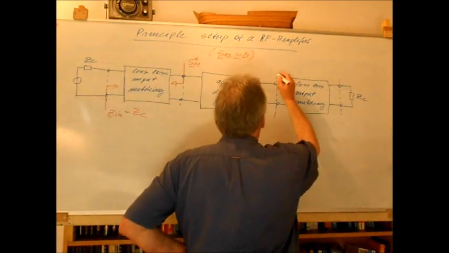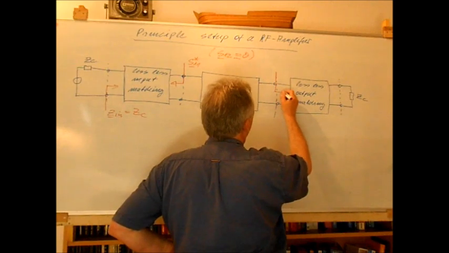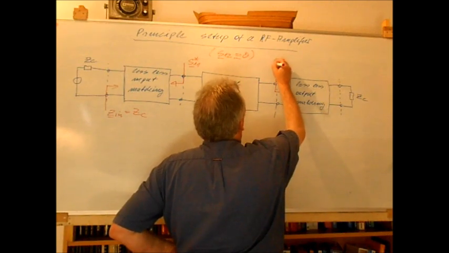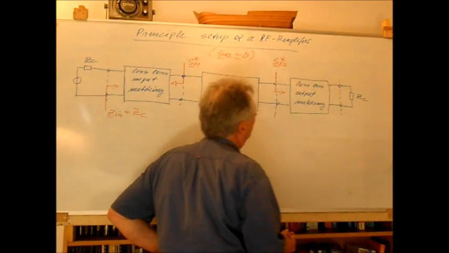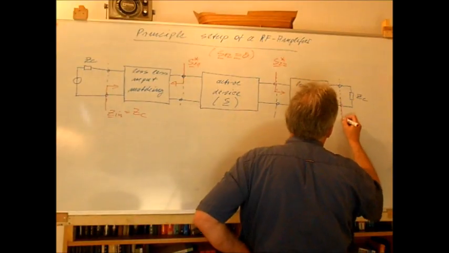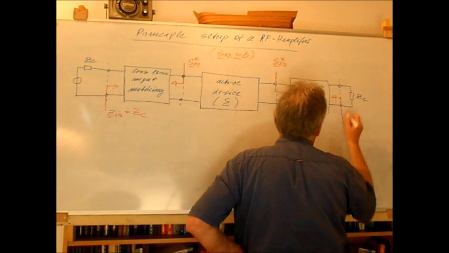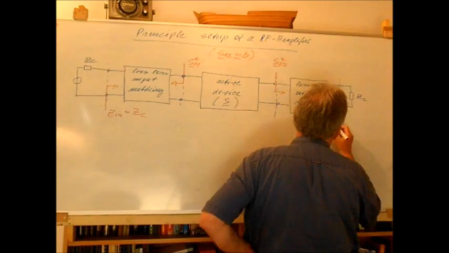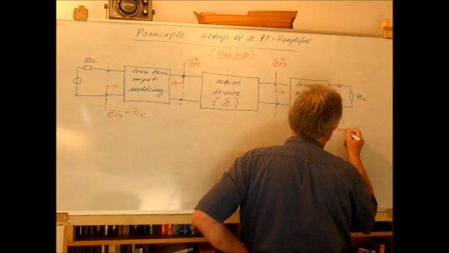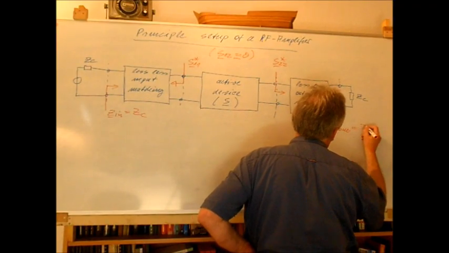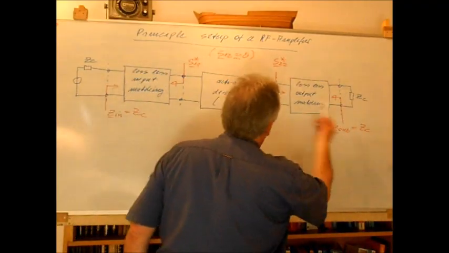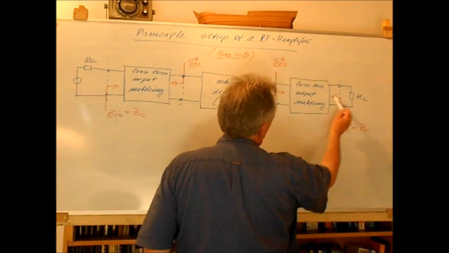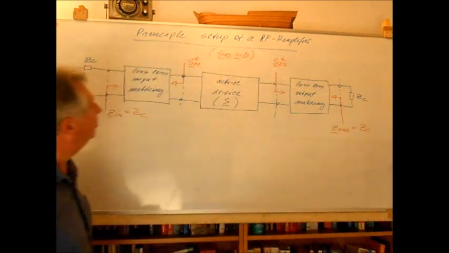The same holds true in principle for the output. Here we have to see S22 conjugate complex, and this again corresponds to the case that if I look for the output impedance, then this must also be equal to ZC. That means also S22 must be transformed into the matching point.